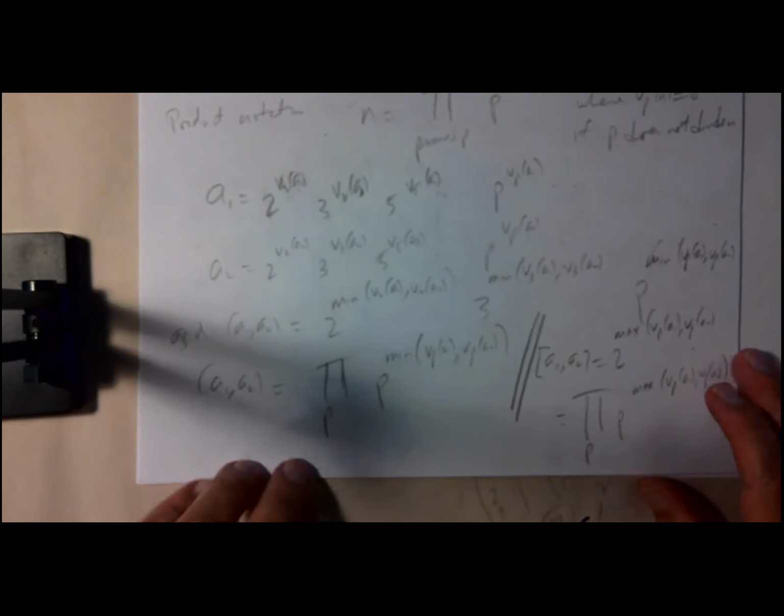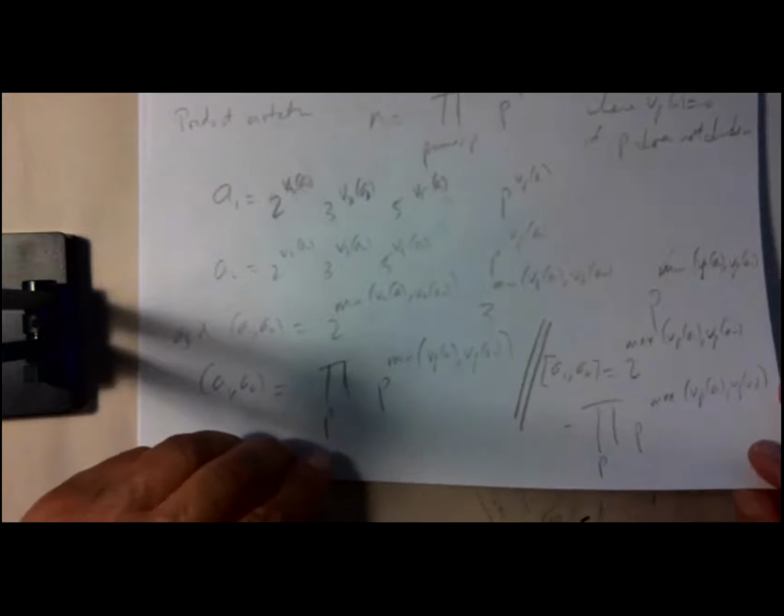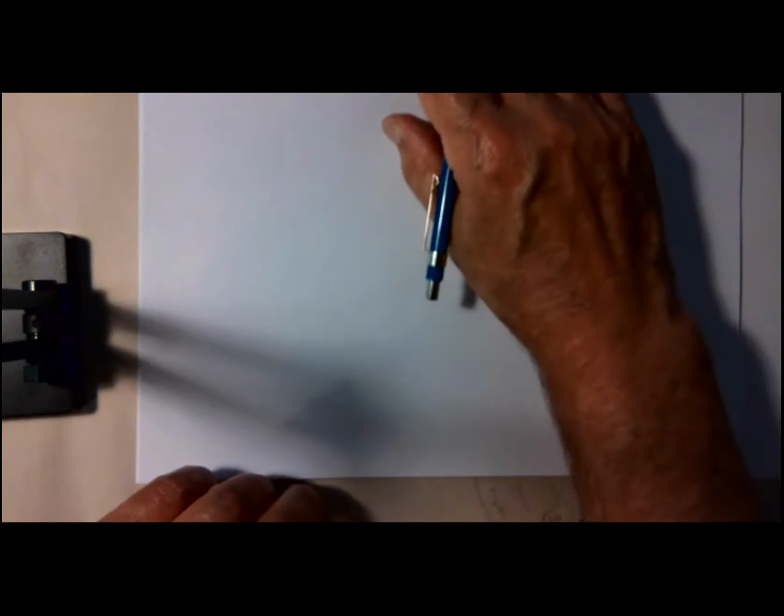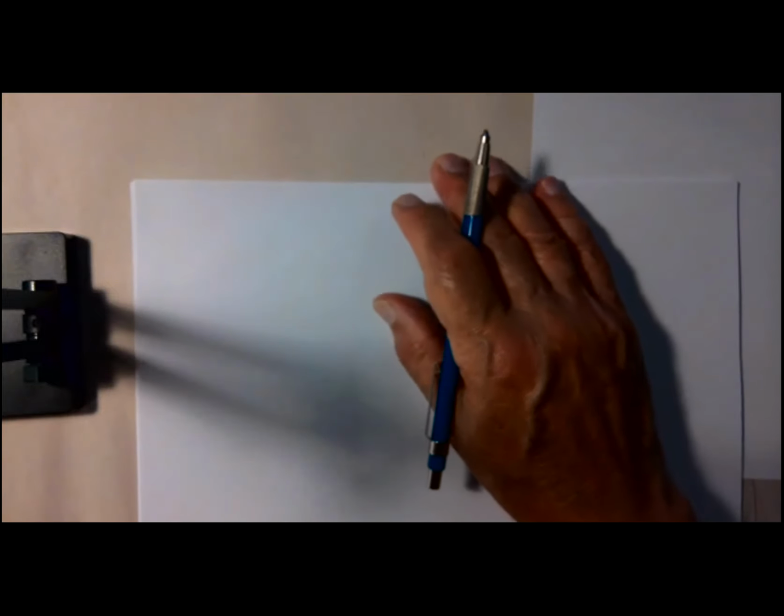So this is a special case of the theorem in section 1.4, theorem 111, which extends this to any number of factors. But just looking at 2, we have the following observation.